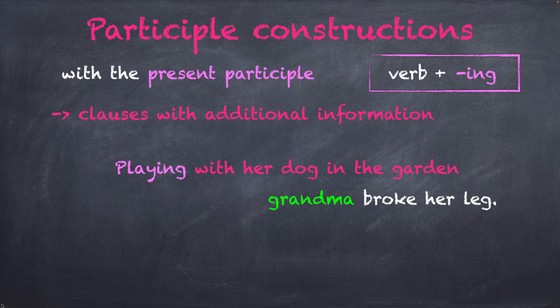You get the playing with the present participle and the rest of the information, and then you need the subject in the main clause, grandma broke her leg. And if you have a pronoun there, you have to use the subject from the sentence you changed in the main clause, so that it's clear who is the active person.